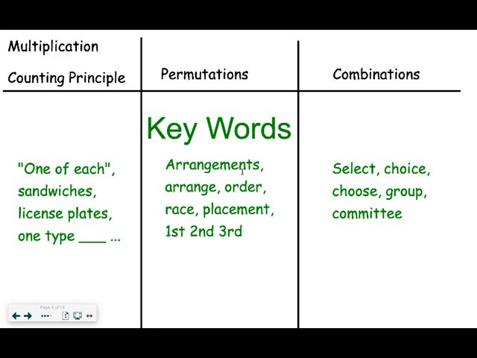Those are key things that might tell you it's a permutation problem. For combinations: select, choice, choose, a group, or committee. Those are often words you see in combination problems. I'm going to move forward, but again, feel free to pause this video if you need to catch up on some of those words.